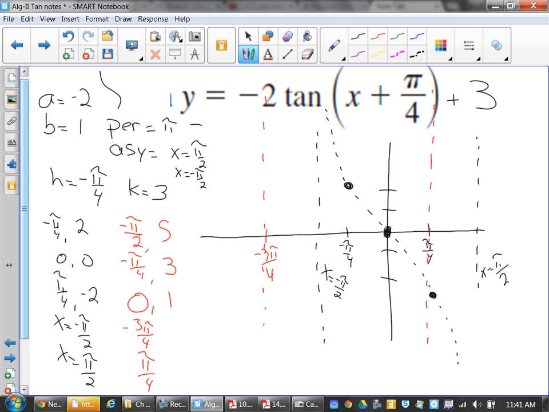My new ordered pairs are at 0 and 1, negative pi over 4 and 3, negative pi over 2 and 5. And our graph still does the same thing. And that's it. It may look like absolute junk, but you ordered pairs correctly with math.